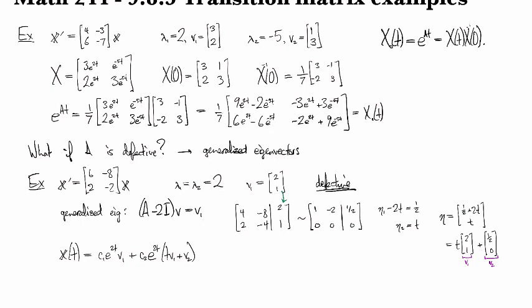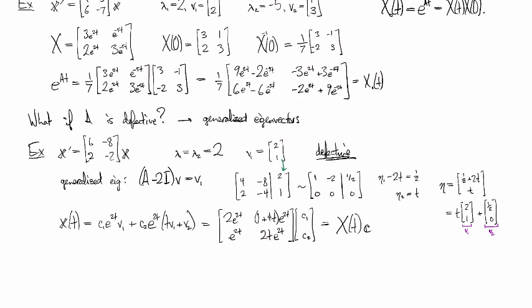And so this is the same thing as 2e to the 2t, e to the 2t. And in the next column, now we've got 1 plus 4t e to the 2t, and 2t e to the 2t. And then this is going to be times our vector of constants c1 and c2. So that's what our fundamental matrix looks like for this defective example here.